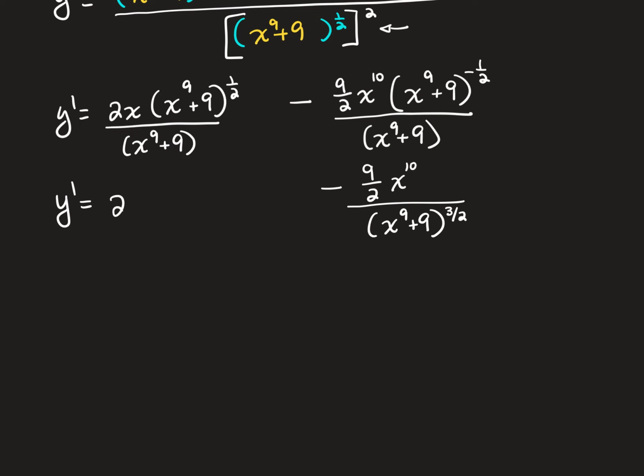So what I have in the first fraction, we can't really do a whole lot with that, but I want to be able to try to add these two fractions together. Now, before I do that, I want to address this.